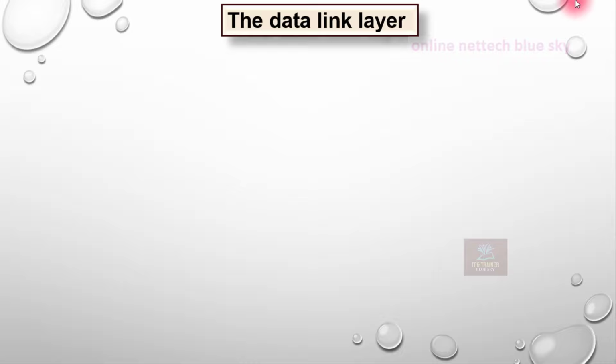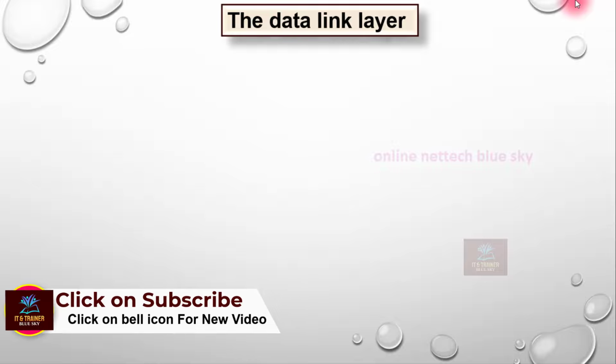Next I will show you the data link layer. What is the data link layer? It is very important for understanding how data is prepared before it goes to the other side. The network layer is prepared with IP addresses, and this is shown through IP technology, which is very important to understand.